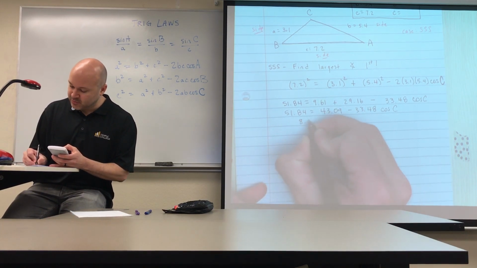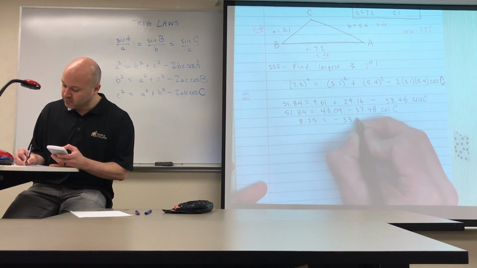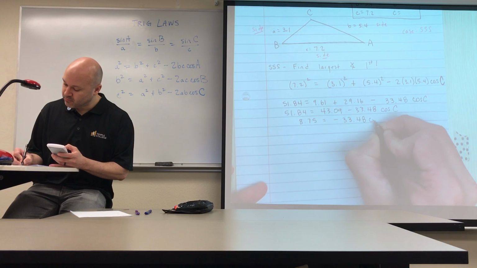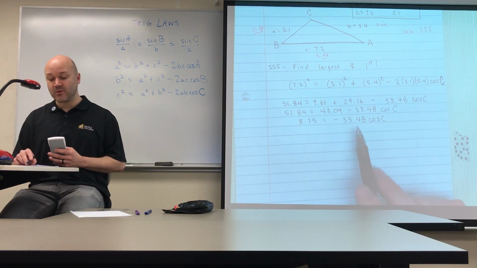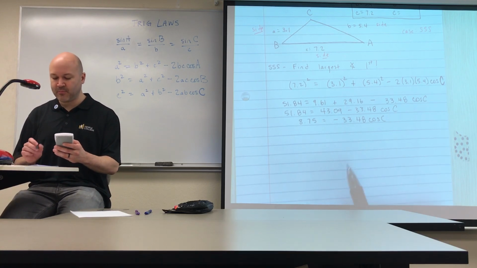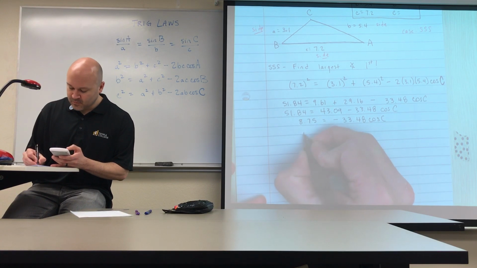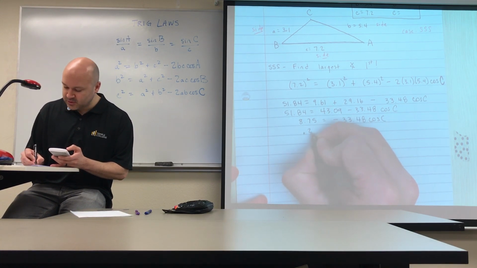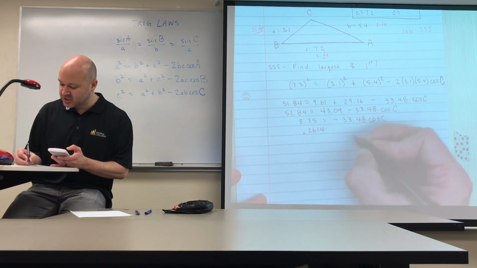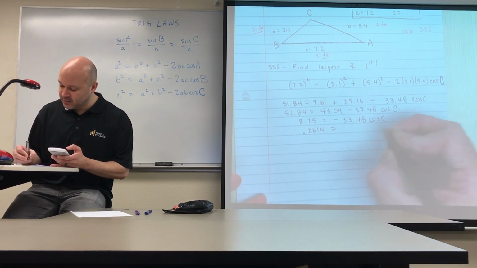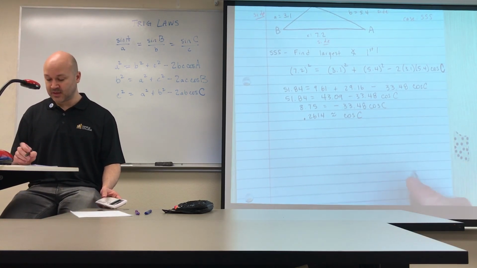I get 8.75. To get the cosine C by itself, I'm going to divide both sides by this coefficient, negative 33.48. And I get 0.26, I don't know where to round, but 0.2614-ish is approximately equal to cosine of angle C. And that should be negative.